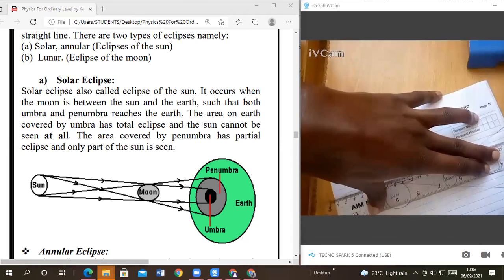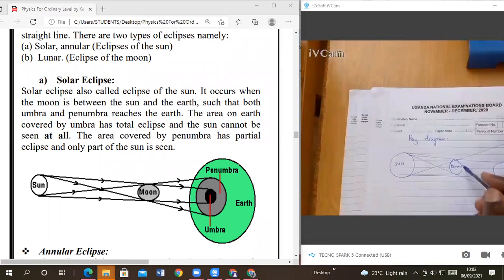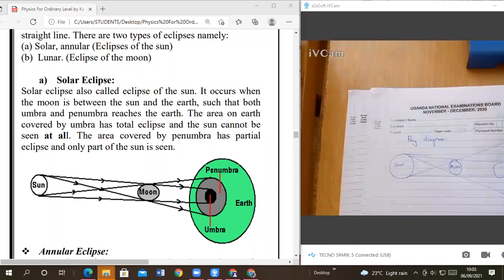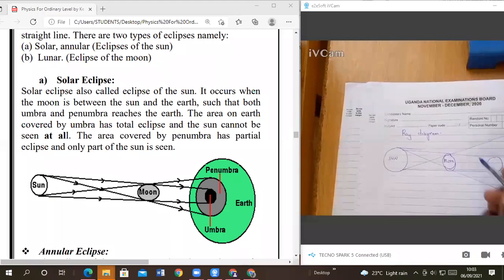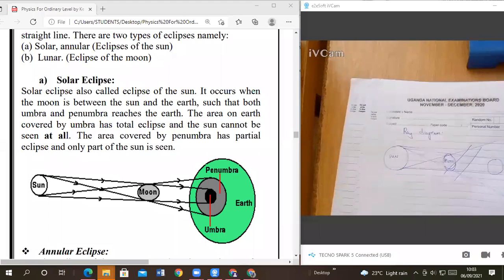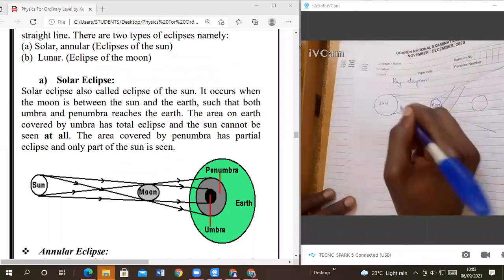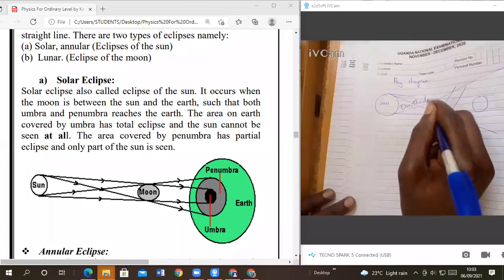So which means I would have drawn the moon a little bit. This one would have come later. So you draw this one until it should touch also that point. Let's do another one. This one is not good.